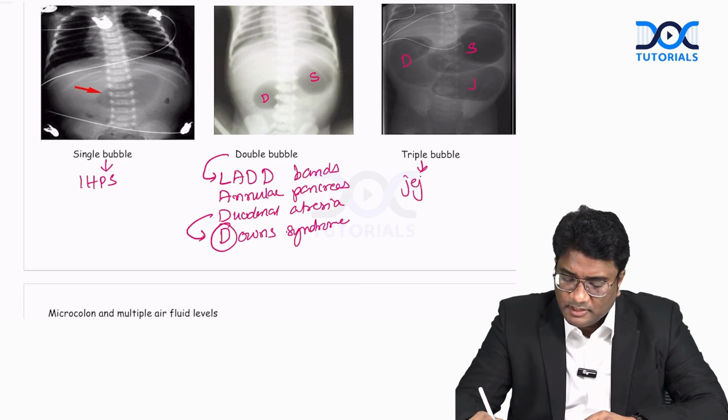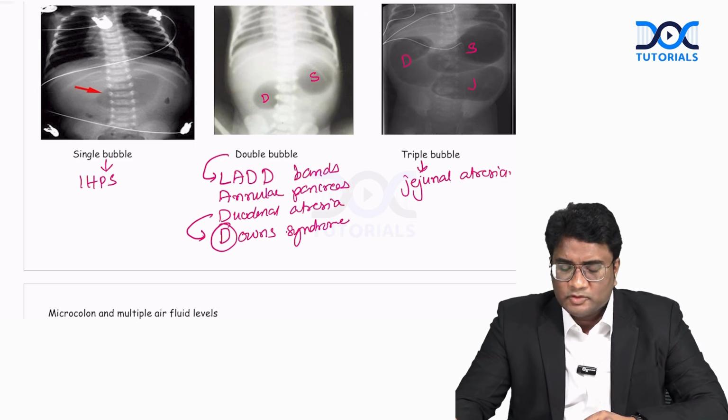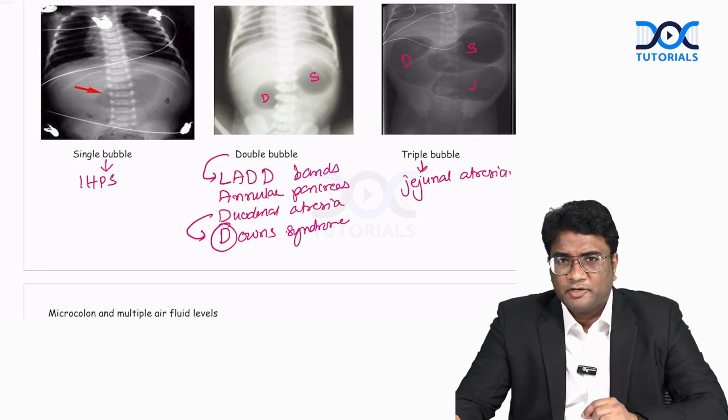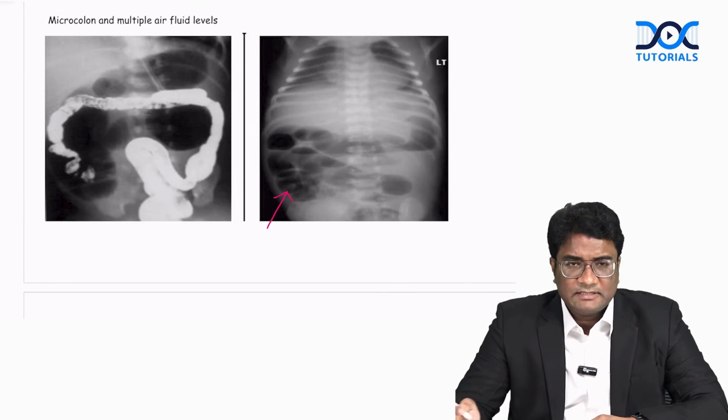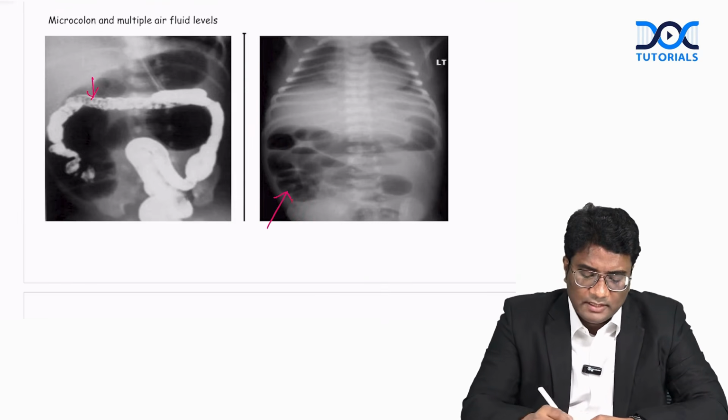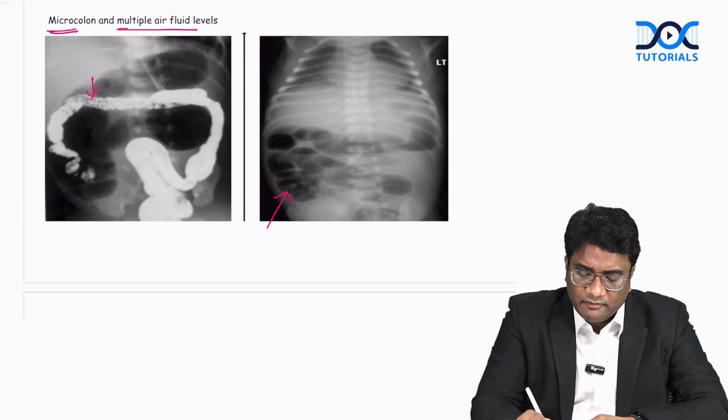This is a triple bubble appearance. So single bubble is idiopathic hypertrophic pyloric stenosis, double bubble is duodenal atresia, triple bubble is jejunal atresia. And if you see multiple air fluid levels and a microcolon, this is suggestive of ileal atresia.